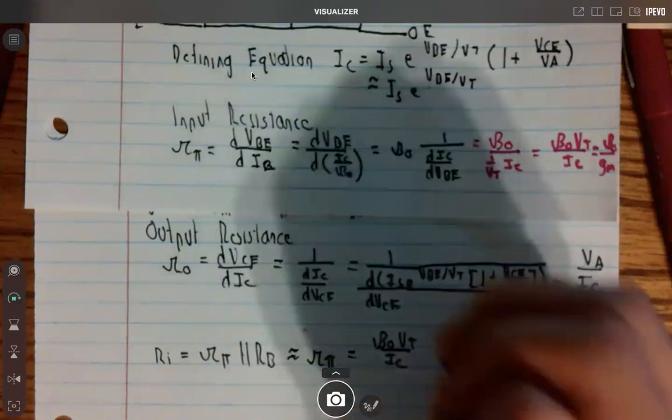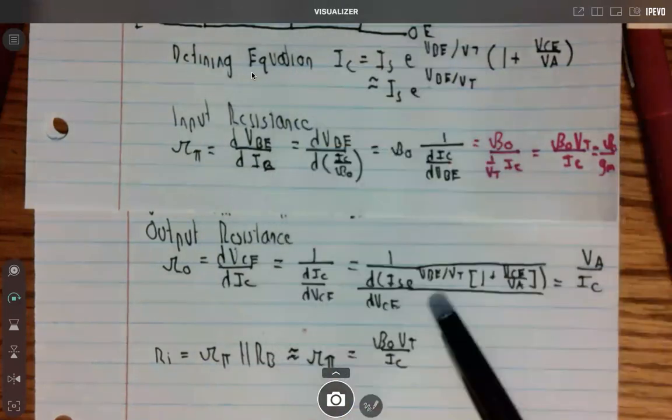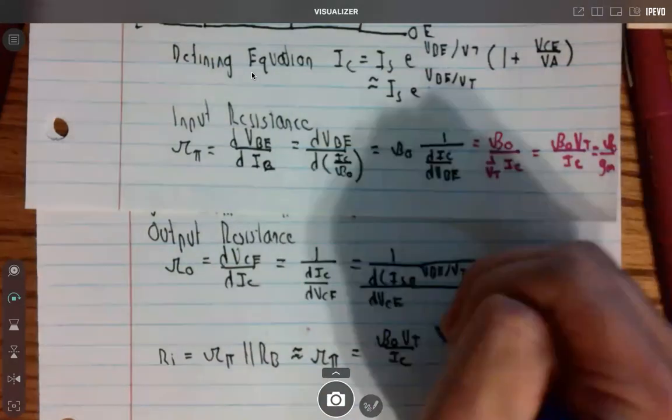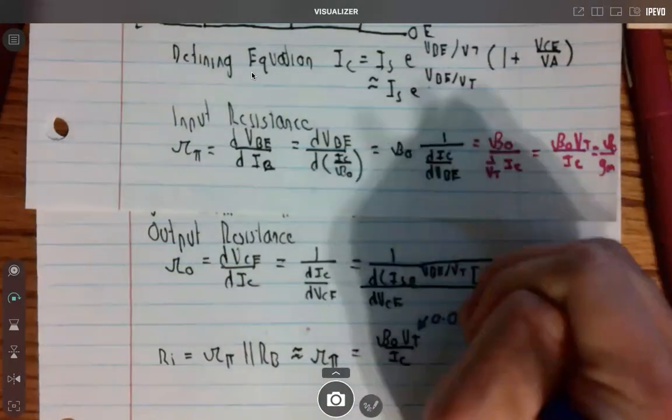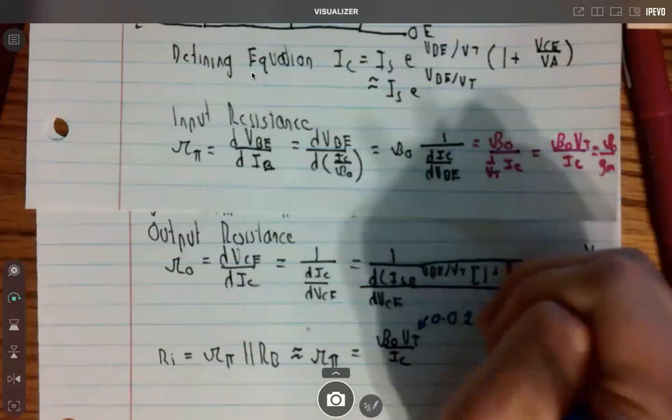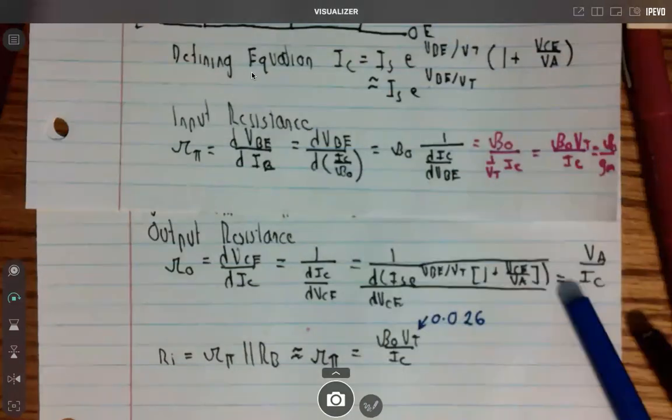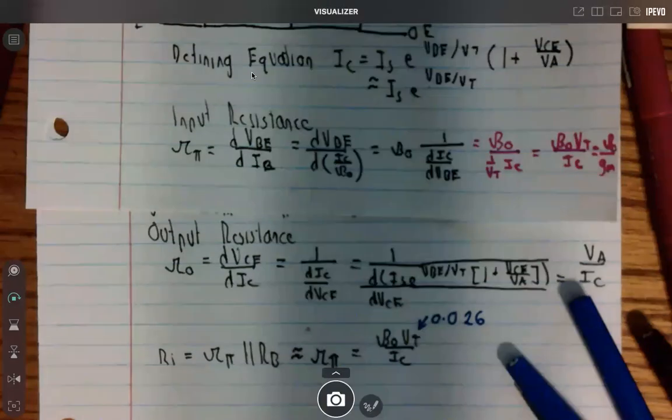And our VT at room temperature, we know this is 0.026. But this can change depending on the temperature you have it at.